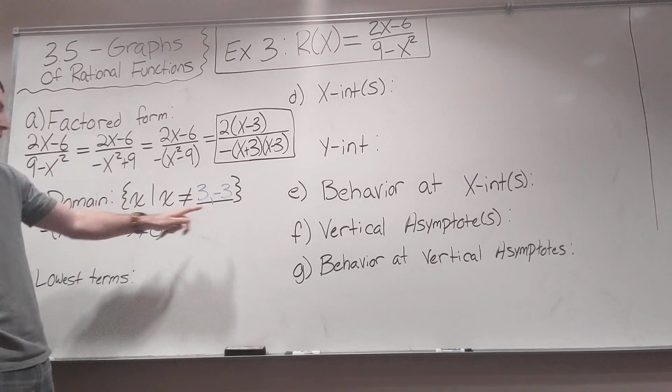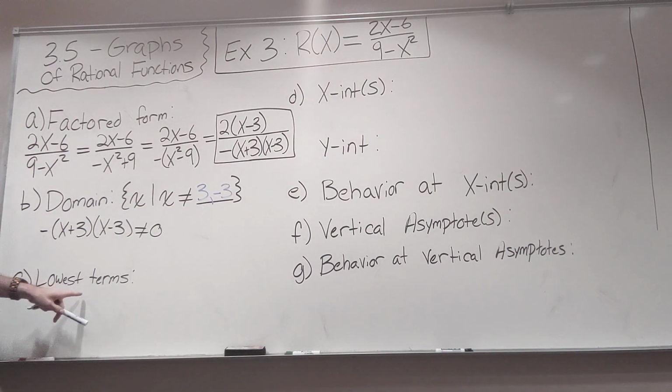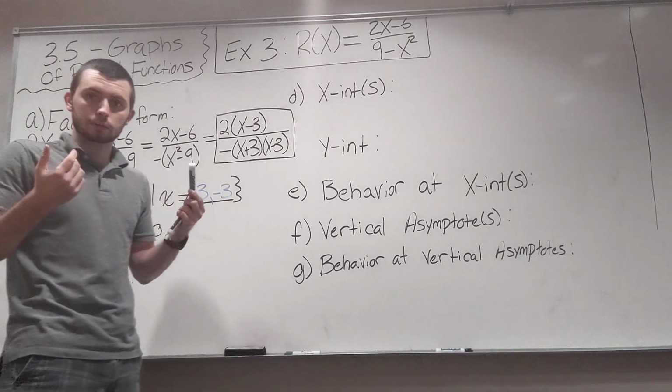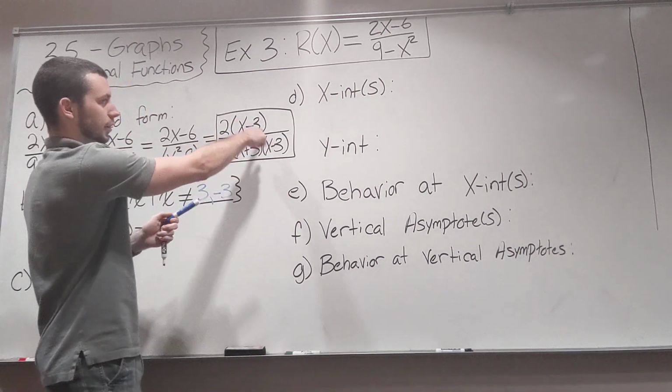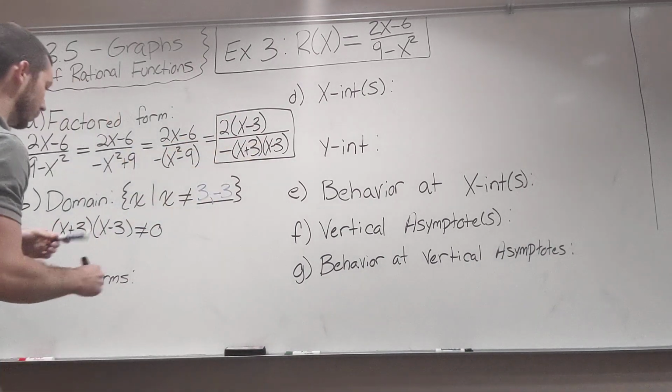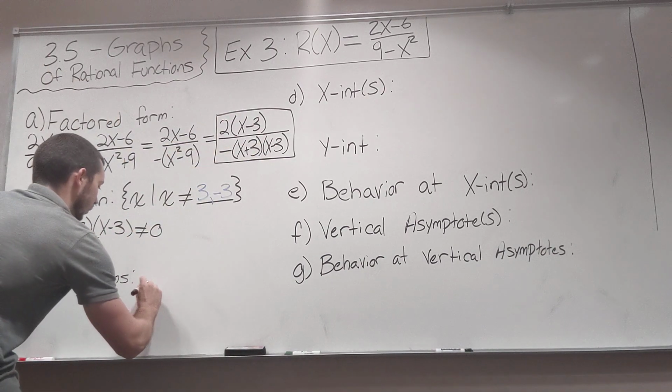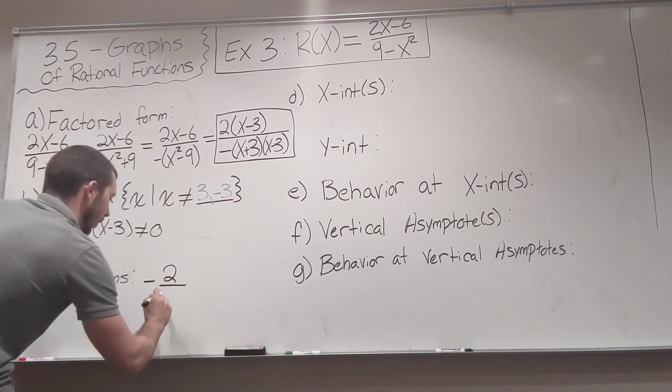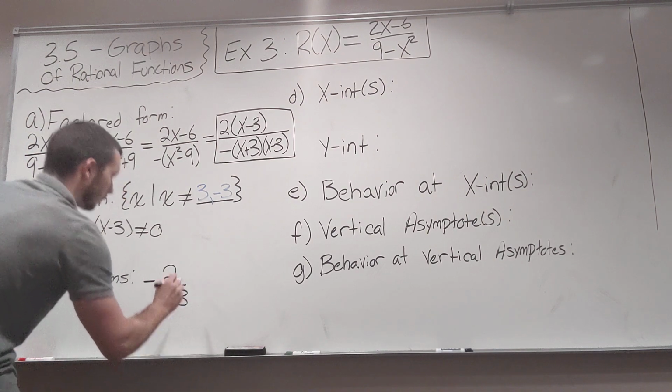You can look at it that way. So we get these two in the domain, but lowest terms, now what that wants us to do is to apply any cancellations, which we do have a cancellation. The x minus 3's cancel. And after we cancel those, we get -2 divided by x plus 3.